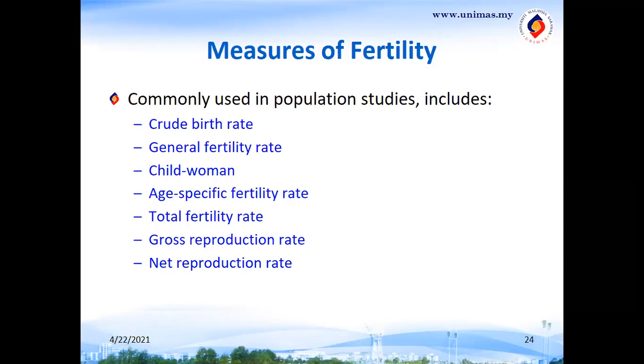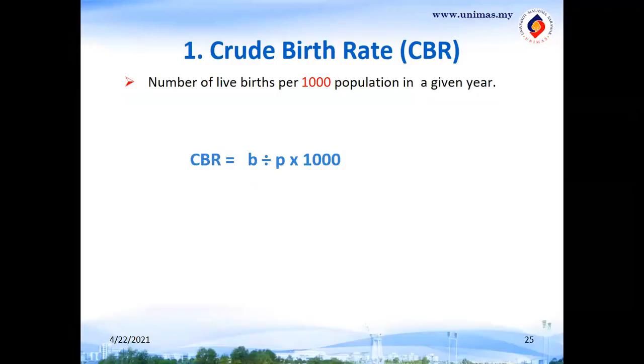Okay, so let's go to the first one, the crude birth rate. It is crude because the way of calculating it is rough. So it's the crude birth rate, or kadar kelahiran kasar. I think that's the translation.